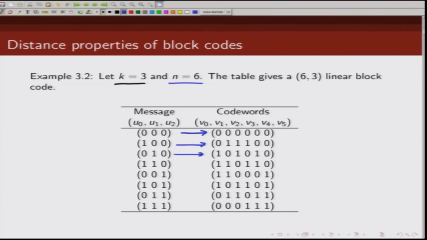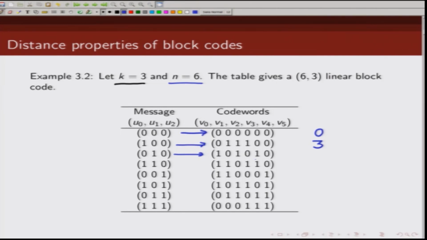Now, let us look at the weight distribution of these code words. This is the all 0 code word, so the Hamming weight for this is 0. This code word has 3 ones, so its Hamming weight is 3.